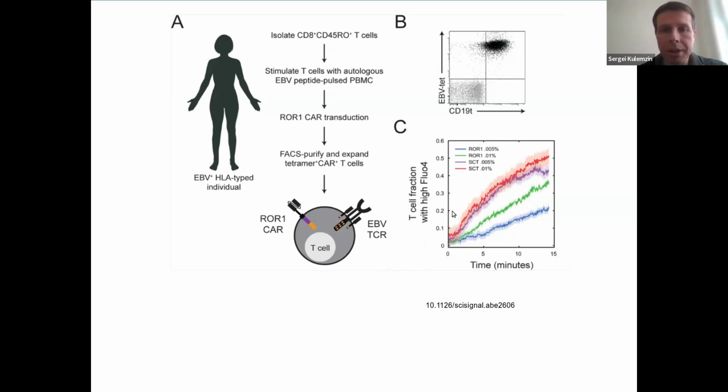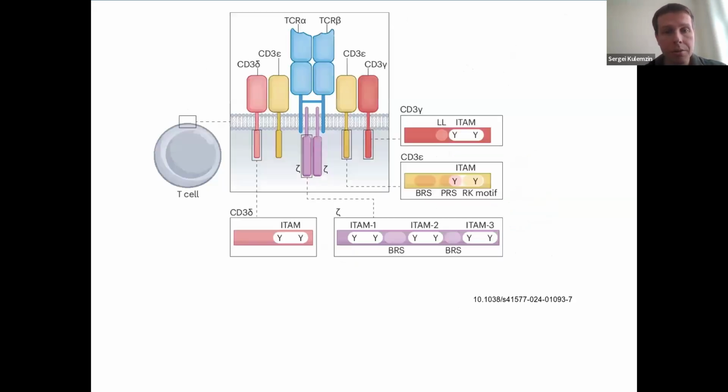And surprisingly, in contrast to the previous data, you can see that even a small density of the ligand for TCR can induce faster and stronger signaling than even a higher density of ligand for the chimeric antigen receptor. So here we see that TCR-induced signaling could be better for T cell activation because it could be more natural.